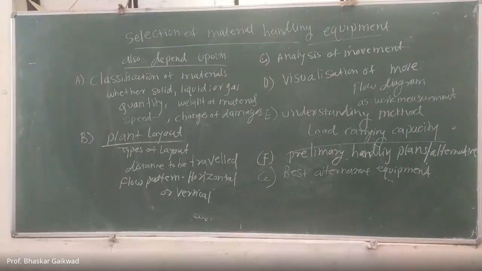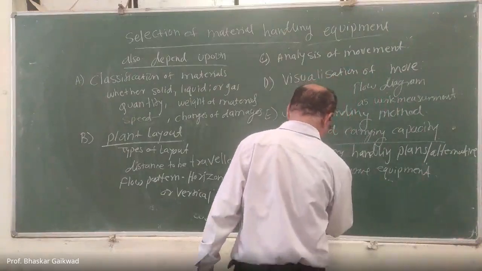After putting forward a number of alternatives, you can select the best alternative equipment or device used for material handling, which is based upon initial investment, maintenance cost, operating flexibility, selection of the material handling system. Once you select the best alternative plan, then you can consider the initial investment of the same.